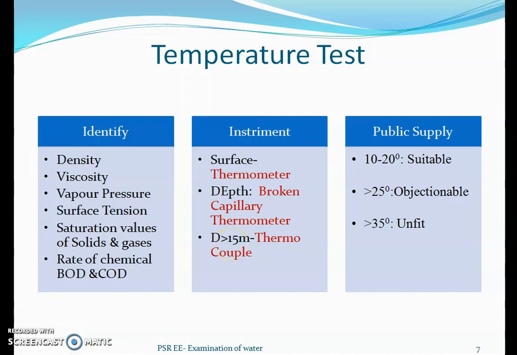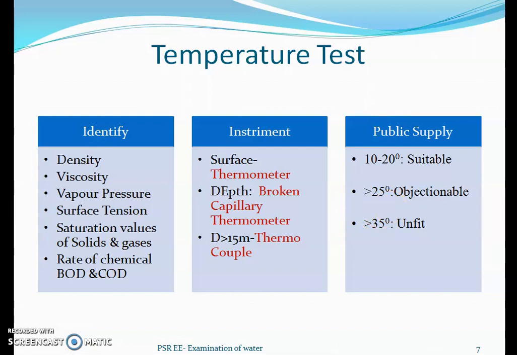And then, what temperature should the water have while supplying to the public? If the water is available from 10 up to 20 degrees, then it is suitable for public supply. If it is more than 25 degrees centigrade, it's okay, but it's objectionable.